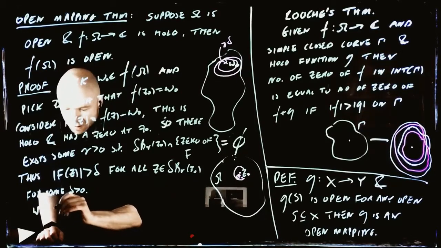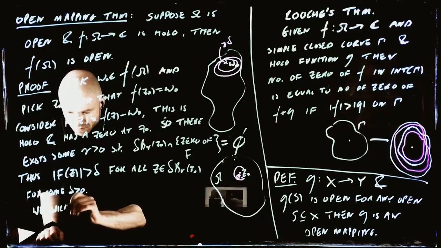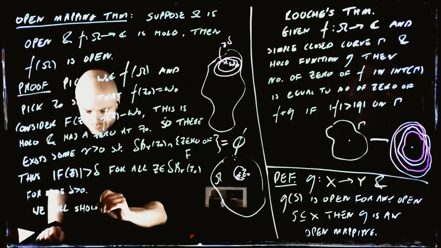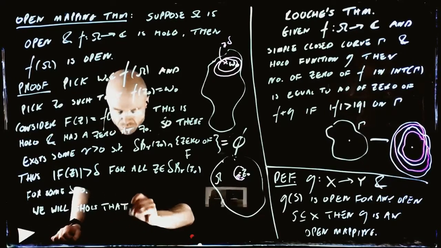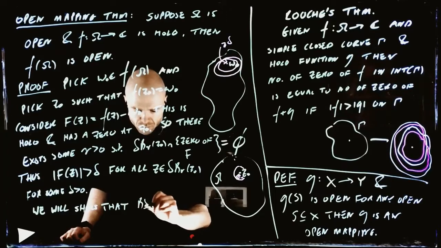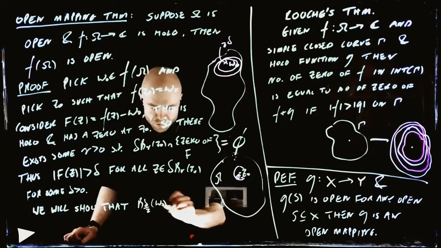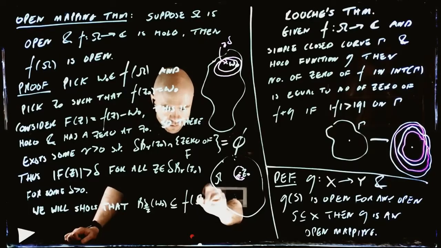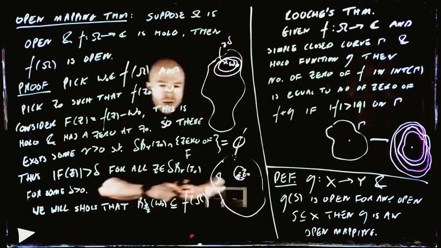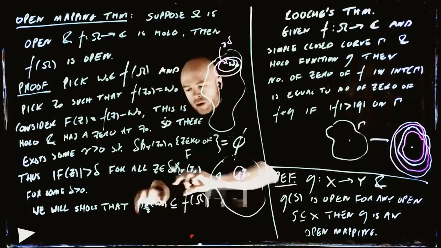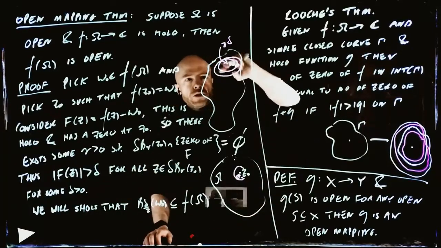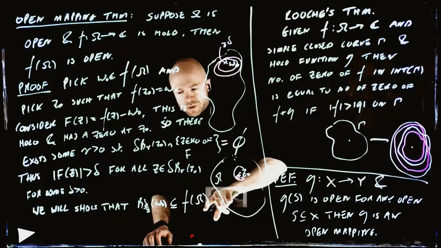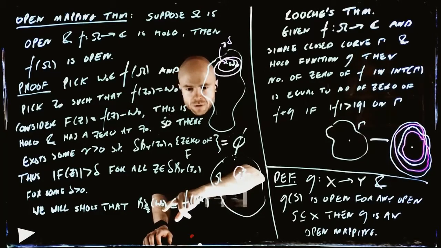Or let's say what we're going to do. We will show this, and if we do that, then we're done, because that means that we have some ball which is completely contained within the image around our arbitrary point w0.